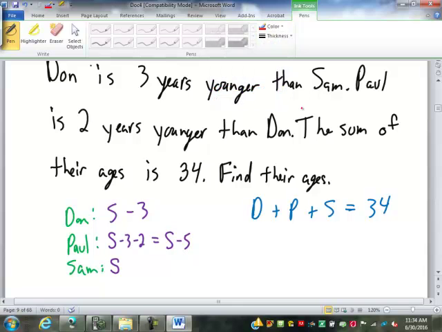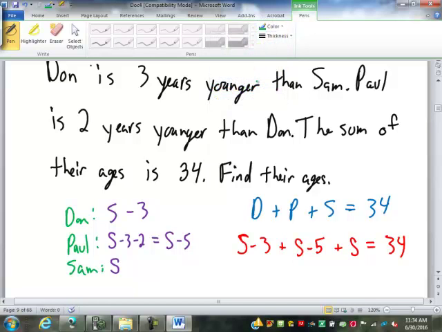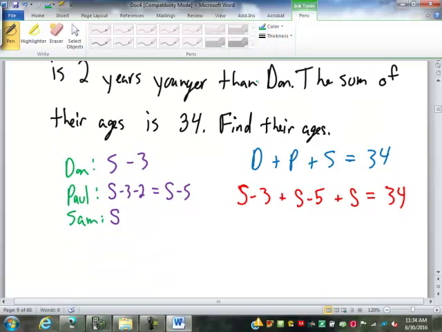Any questions on where those came from? So over here, Don is S minus 3 plus Paul is going to be S minus 5, and Sam is just S. Should have picked a different variable than S, because S looks like 5s when I write them.